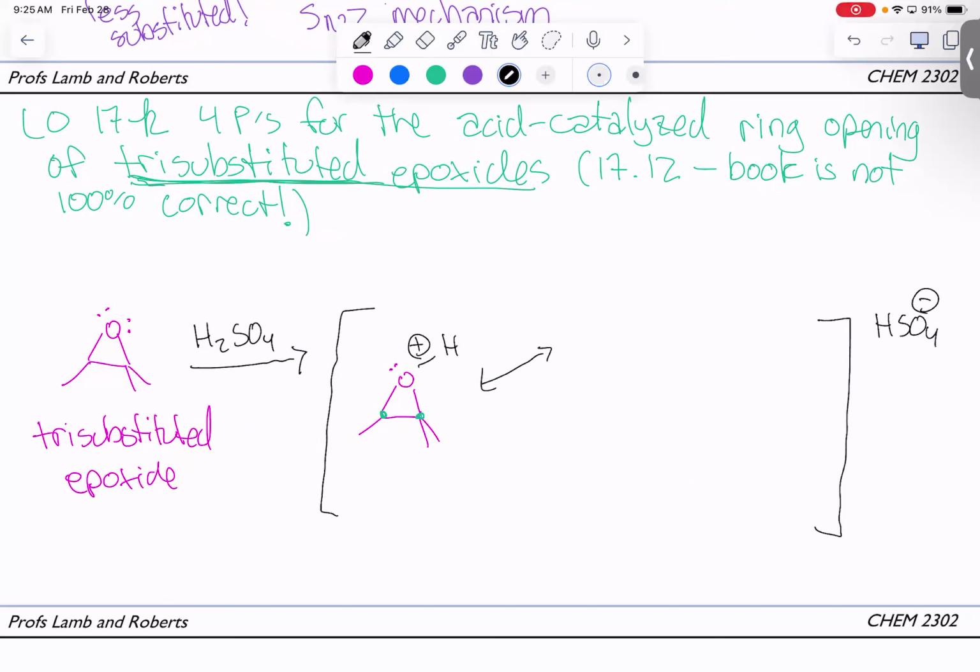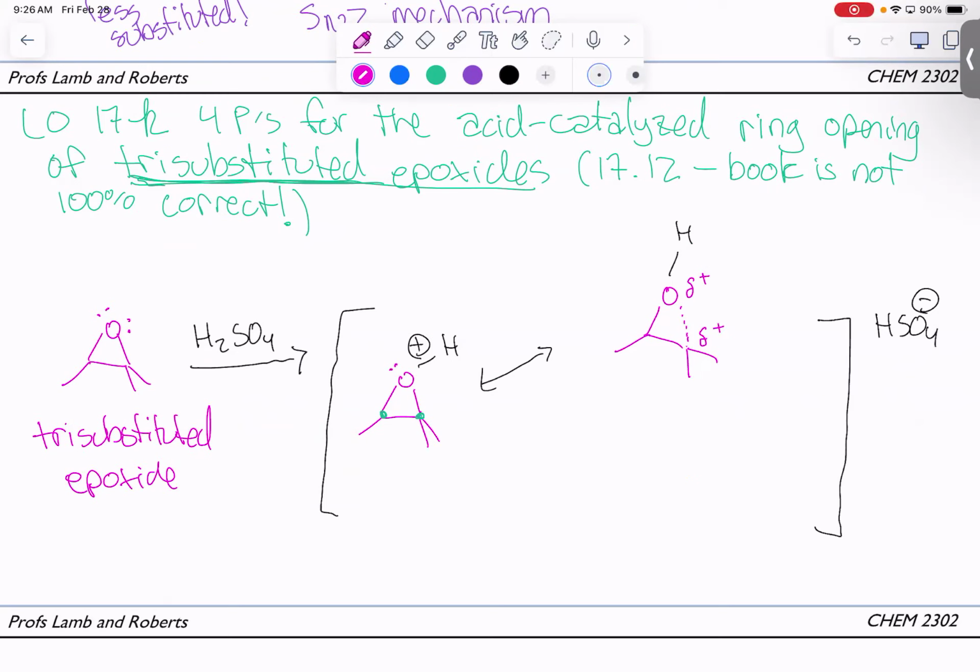And if we start to break the bonds between the carbon and the oxygen on the more substituted side, what we're going to get is this partial bond that forms here. We still have our H. And instead of assigning the H plus entirely to the oxygen here, because we're starting to break this bond, I'm going to say that we have a delta plus at both of these positions.